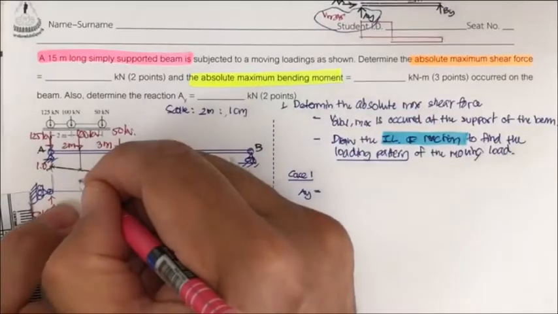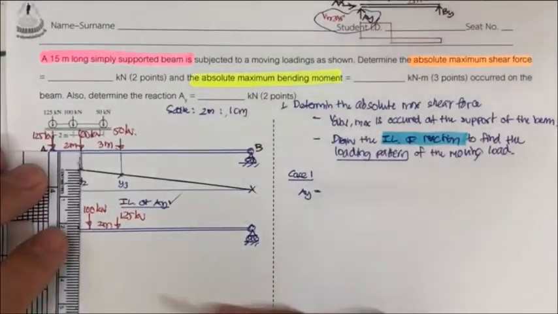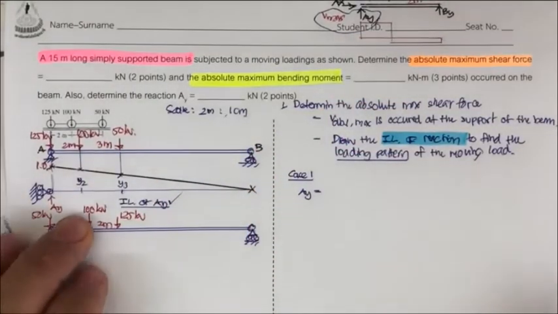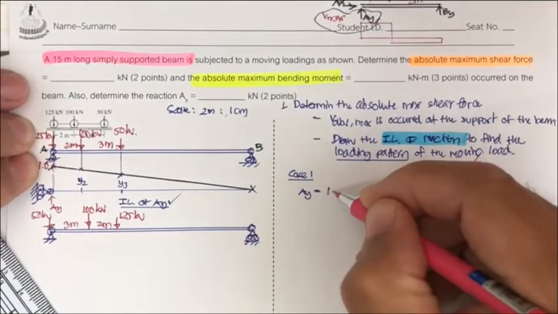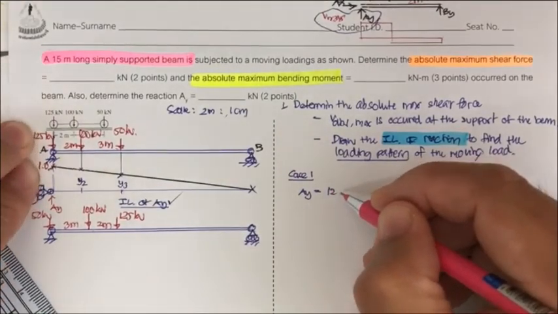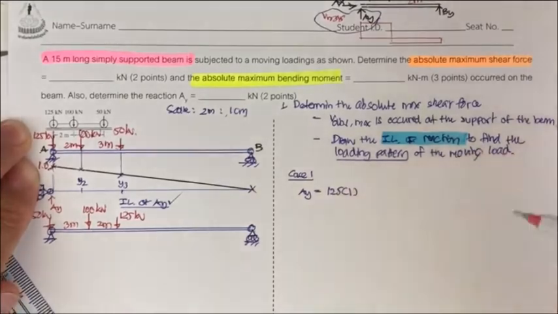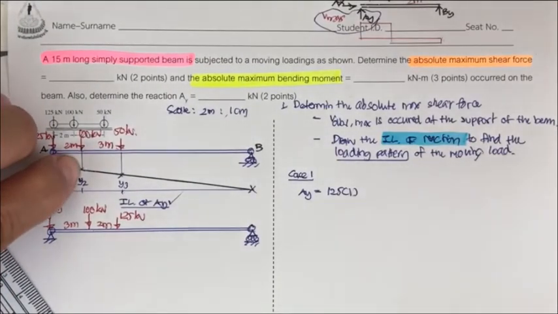Okay, I call this one y2, and this one y3, and we can determine y2 and y3 by similar triangles. So 125 times 1. Okay, that's going to be what? 125 times 1. And next, what we have is the coordinate of this.